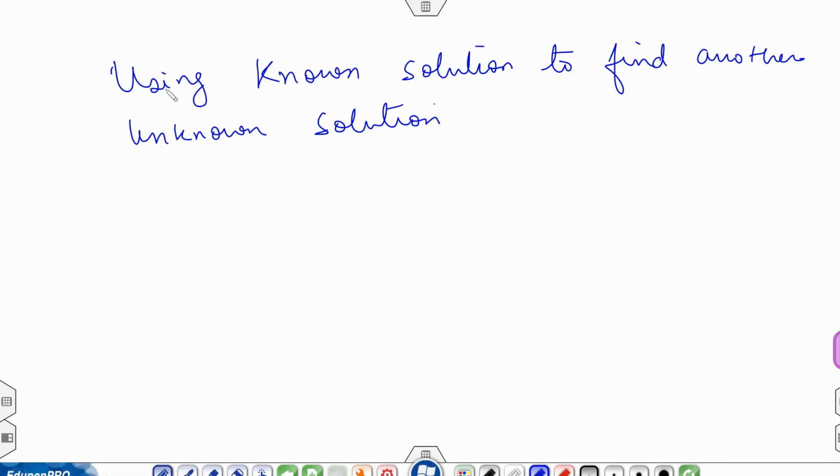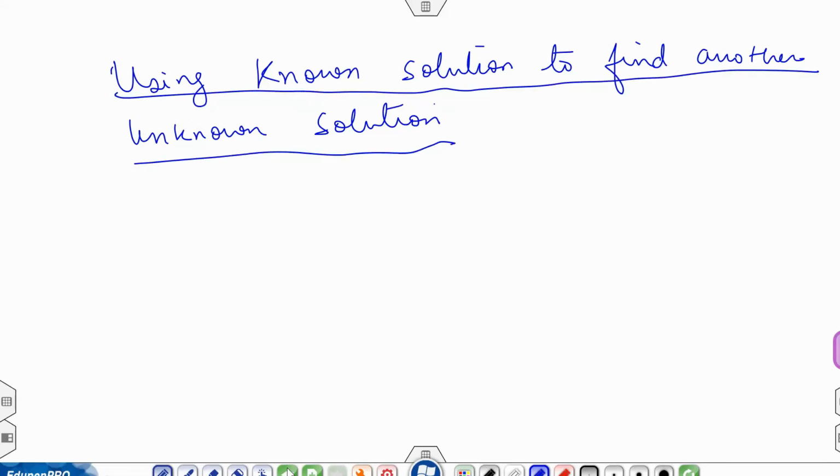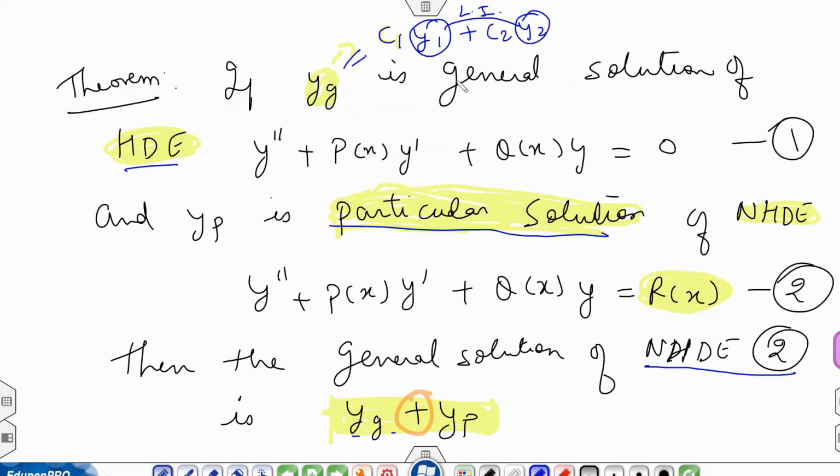So here what is the condition? Suppose that I want to find the yg. Yg is a general solution of the homogeneous differential equation, and I know this y1. So how can I find this other solution y2? This is the problem we will discuss now.